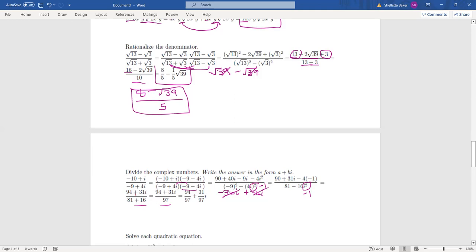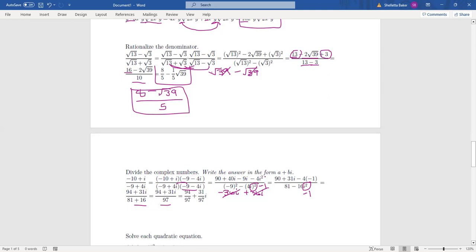In the numerator, we have negative 10 times negative 9 gives us positive 90. Negative 10 times this minus 4i gives us positive 40i. And i times negative 9 gives us negative 9i. Lastly, the i times negative 4i gives us negative 4i squared.